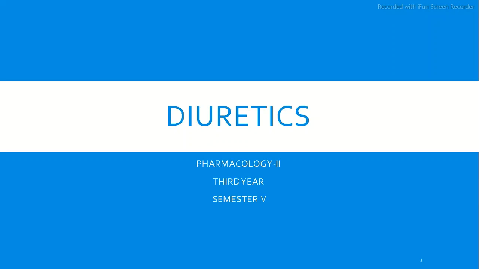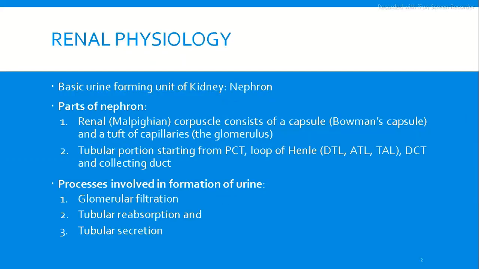We are going to cover all that, and then we will start with the classification of the drugs, and then we will study the pharmacology of each and every class. Okay, so first of all, renal physiology.